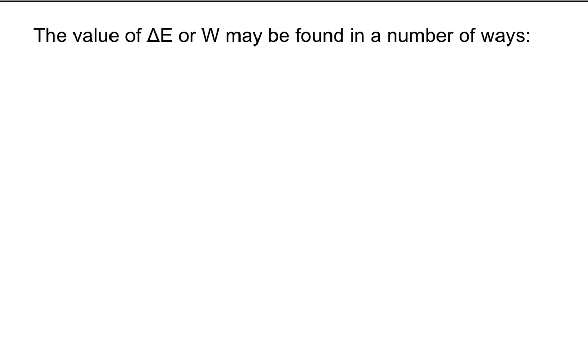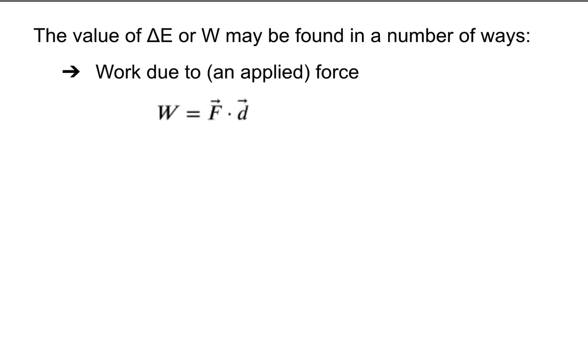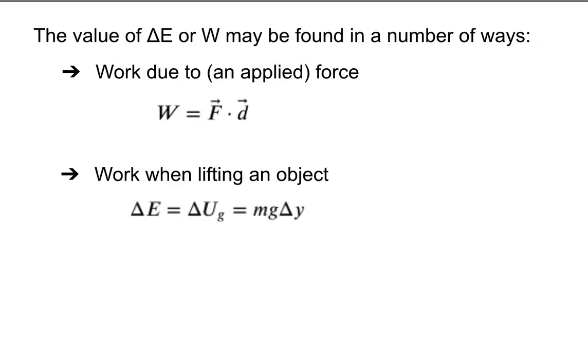So just a quick summary that delta E or W can be found in a couple of different ways. Sometimes we're just going to use the formula that most people think about when they think about work: force times displacement. But you don't always have that kind of information in a problem. Sometimes you're given information about the speed of an object before and after something happens.